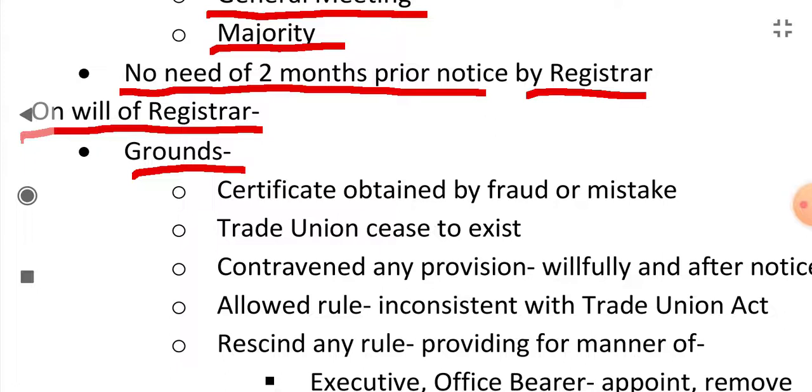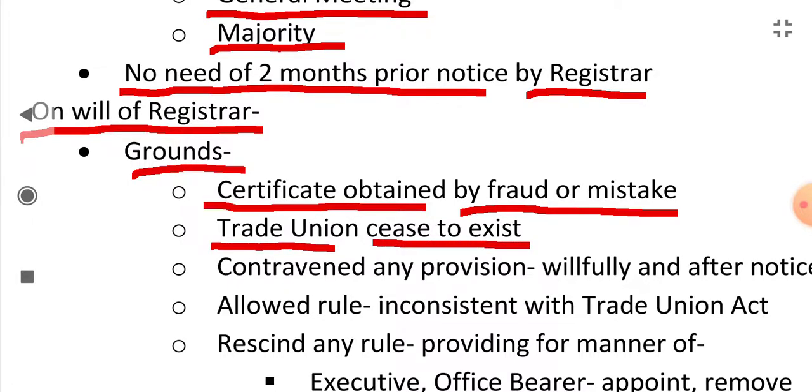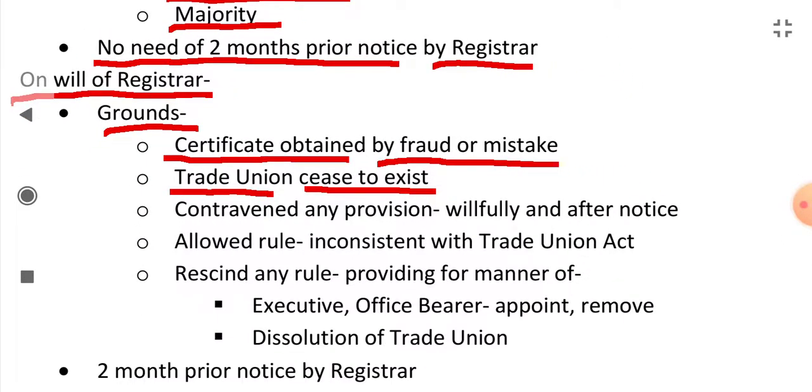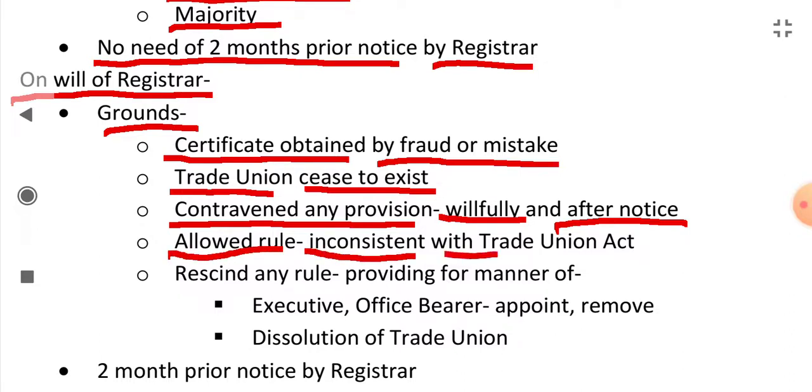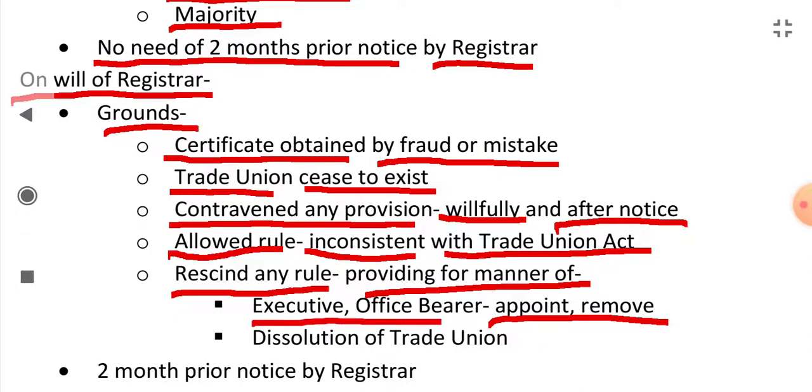These grounds are: if the certificate was obtained by fraud or mistake, or the trade union has ceased to exist, or the trade union contravened any provision, violating any rule or law willfully and after notice was given, or the trade union allowed any rule which was inconsistent with the Trade Unions Act, or the union rescinded any rule providing for the manner of appointment or removal of executive or office bearers, or the dissolution of the trade union.